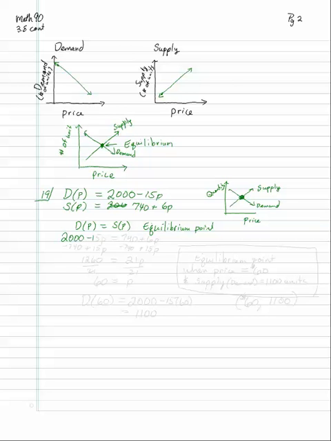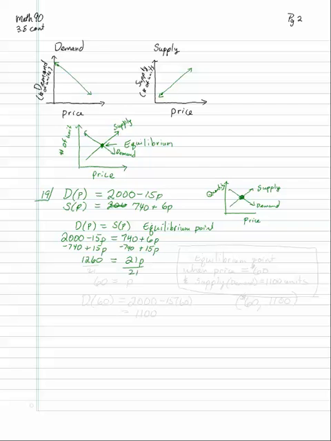So 2000 minus 15p is our demand. Supply is 740 plus 6p. We're going to solve it, so let's add 15p to both sides. So that's 21p, and let's subtract 740 from both sides. So 2000 minus 740, 1260.